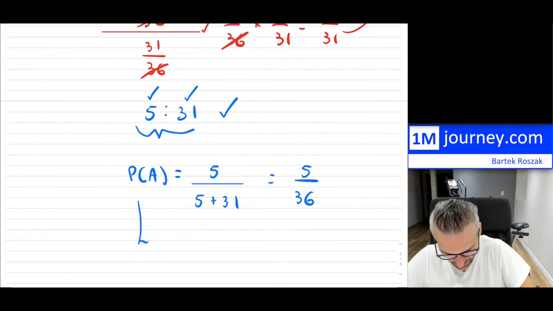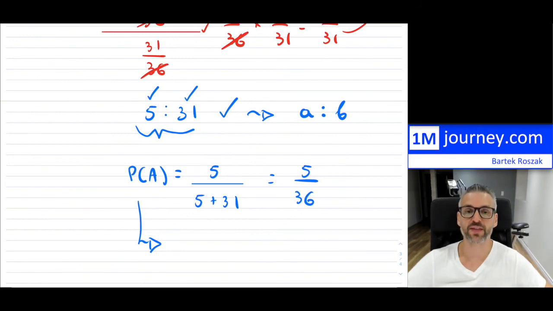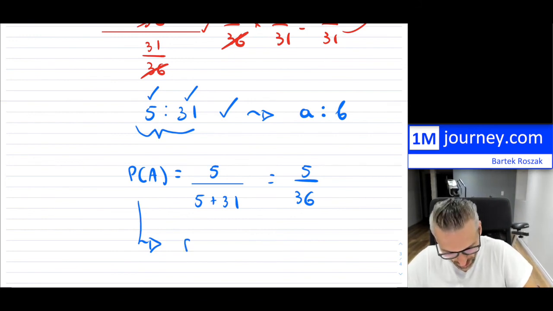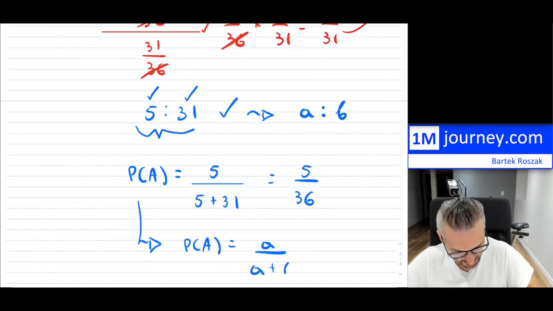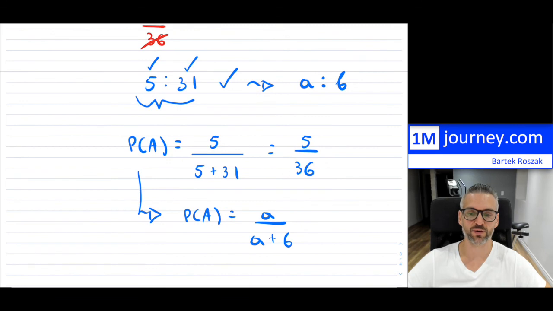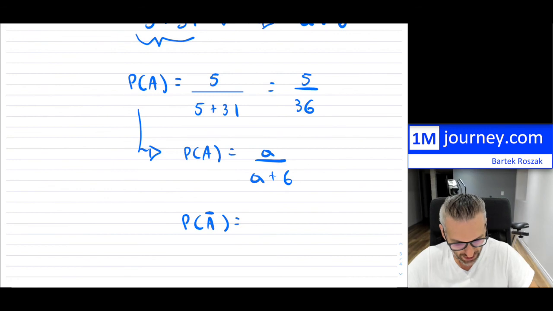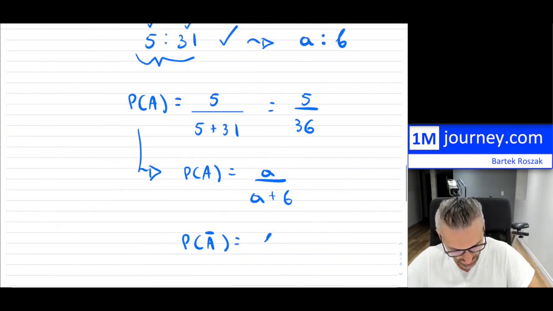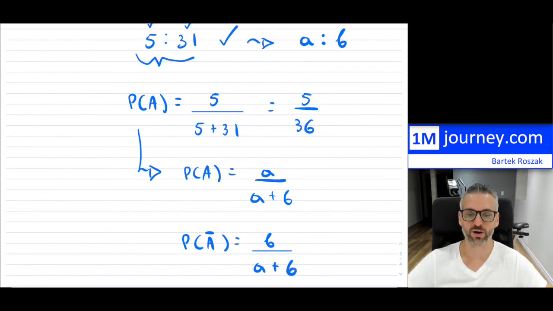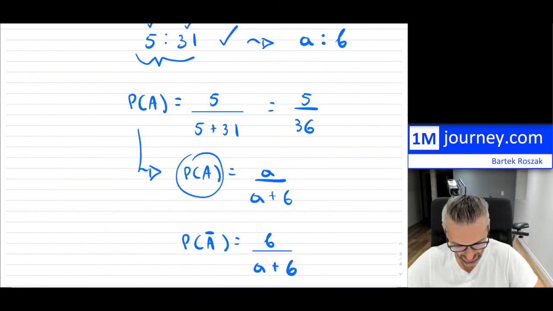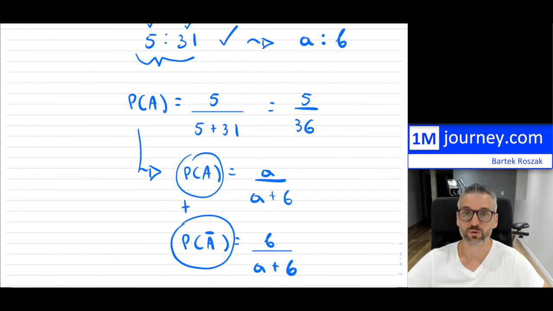Now in general, if we write any general, let's say A to B, if those are the odds, then the probability of A would simply be A all over A plus B, which makes it very simple. If you want the probability of not A, then you take the bottom number from your odds, which would have been B, all over A plus B. And as you know, when you add these, they will give you 1.